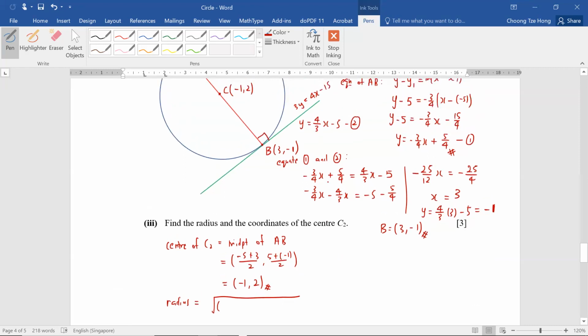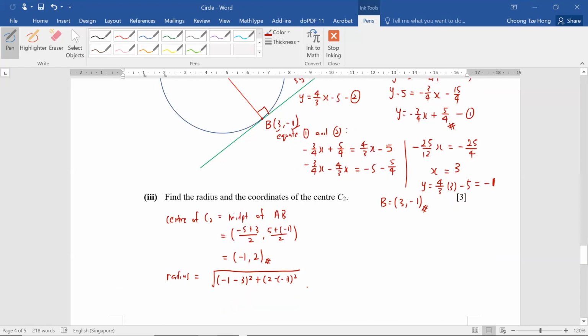You can watch my video on coordinate geometry where I go through all these other concepts. So minus 1 minus 3 squared, using this one minus this one, plus 2 minus 1 squared.